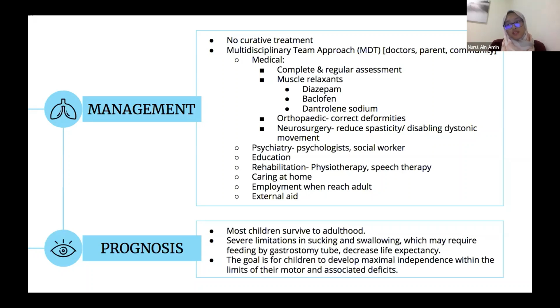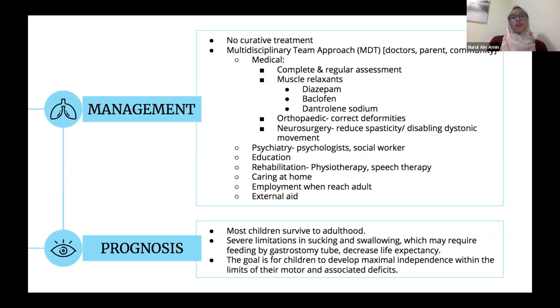And the prognosis for CP, most children actually survive to adulthood. Severe limitations in sucking or swallowing, usually helped by the gastrostomy tube, decrease life expectancy. And also the goal is usually for the children to develop maximal independence within the limits of their motor and associated deficits.